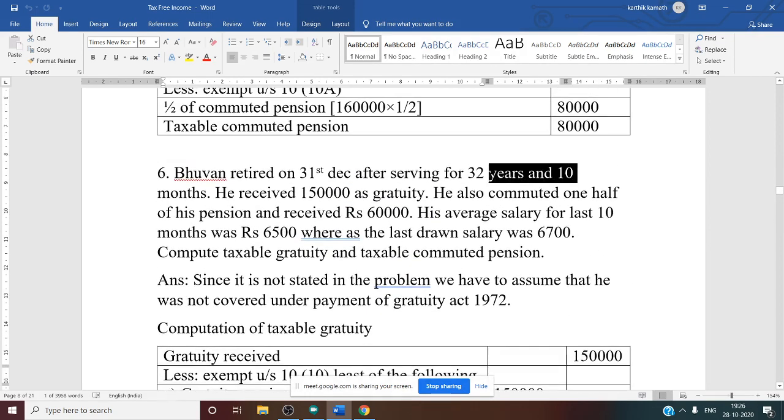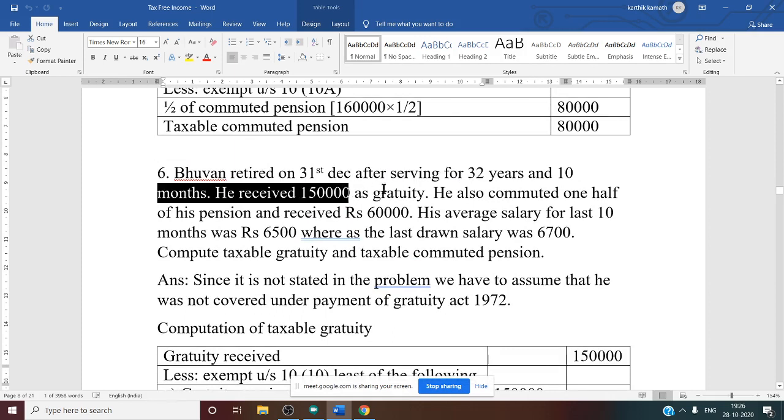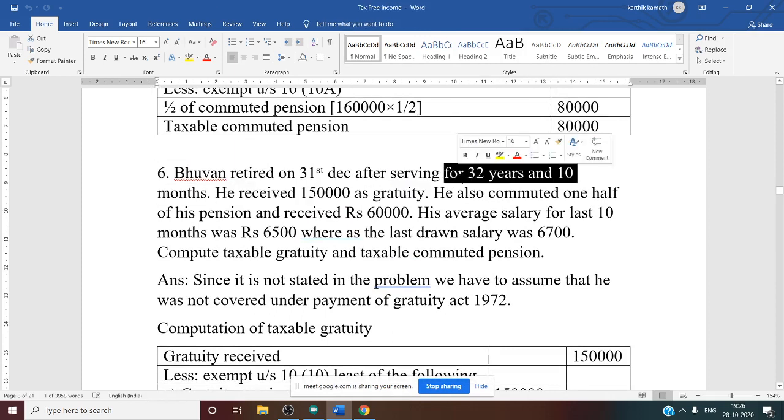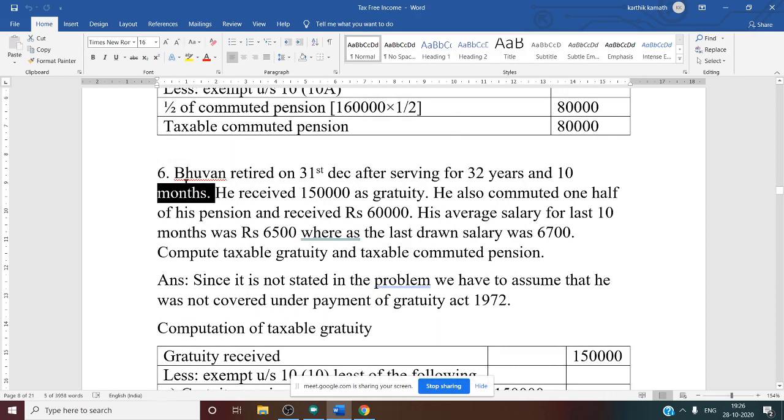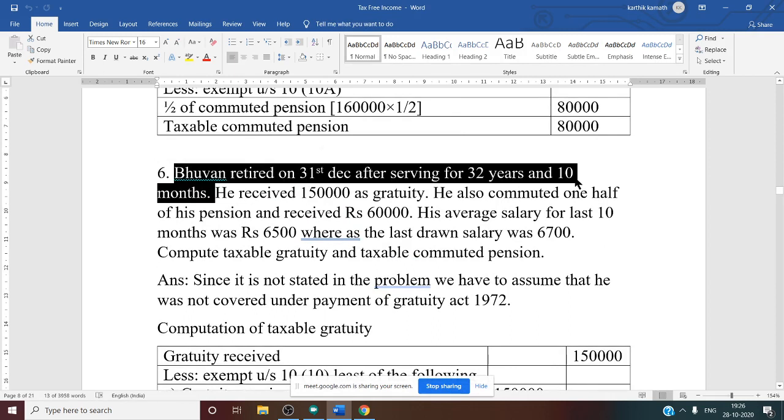If you see here, 32 years 10 months is mentioned, but we need to take 32 years as completed years of service and exclude the remaining 10 months, because the employee is not covered. When the employee is covered, we should take 33 years, because a part thereof in excess of 6 months is treated as 1 year in the case of covered.